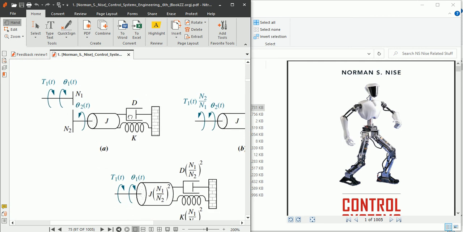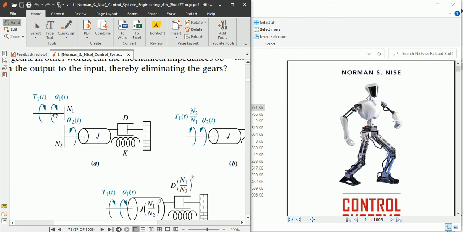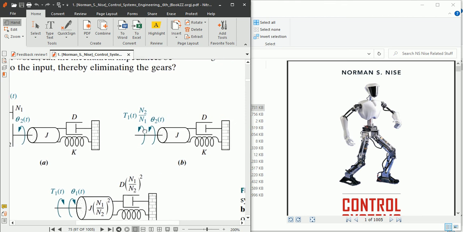If you reflect this torque and theta towards the right, you just multiply with N2 over N1, the destination teeth over N1, into T1. There is no square involved here, you are just moving your torque. That is important. And you will have theta 2 here.